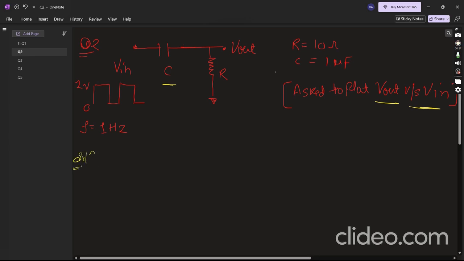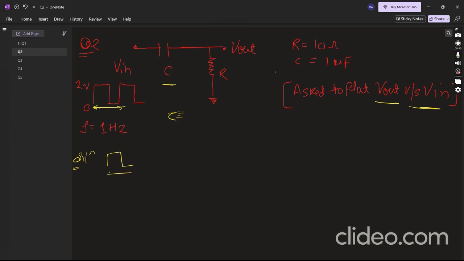First of all, we have to find the time period of this pulse, because all the answers for this question depend upon the time period and the time constant, tau, of this circuit. Time period is inversely proportional to frequency, so it is 1 upon 1, which is 1 second. And tau is R equivalent times C equivalent.